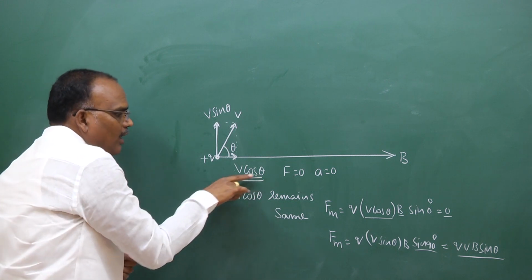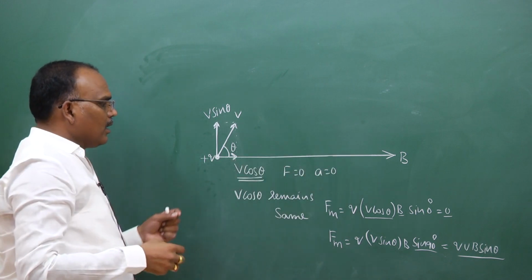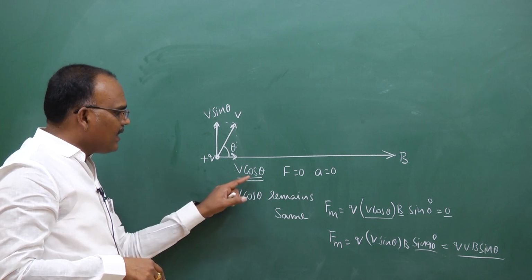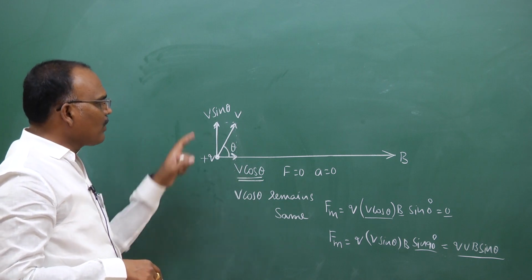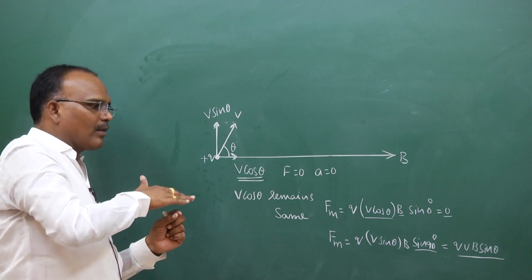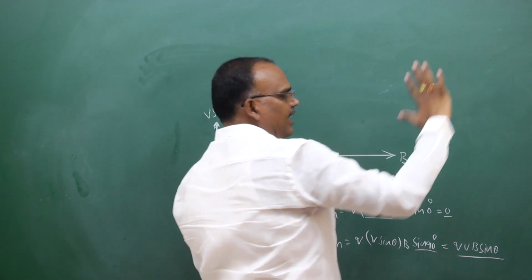But v cos theta acts along the direction of the magnetic field. That means this charge is influenced by this component as well as this component. This component makes the charged particle revolve in a circular path, but this component pulls the charged particle in this direction.